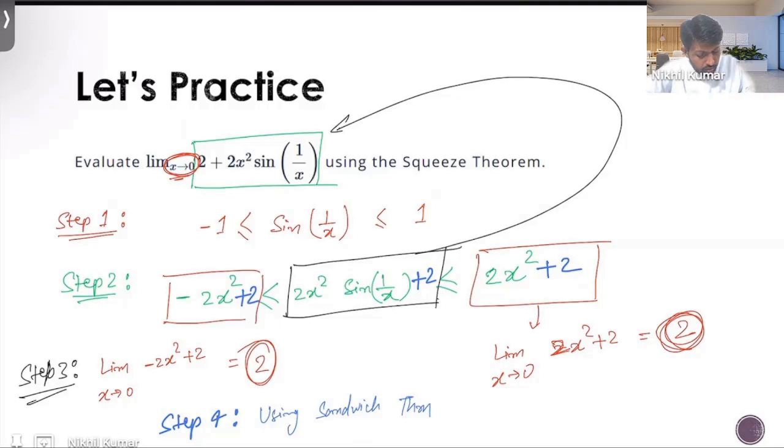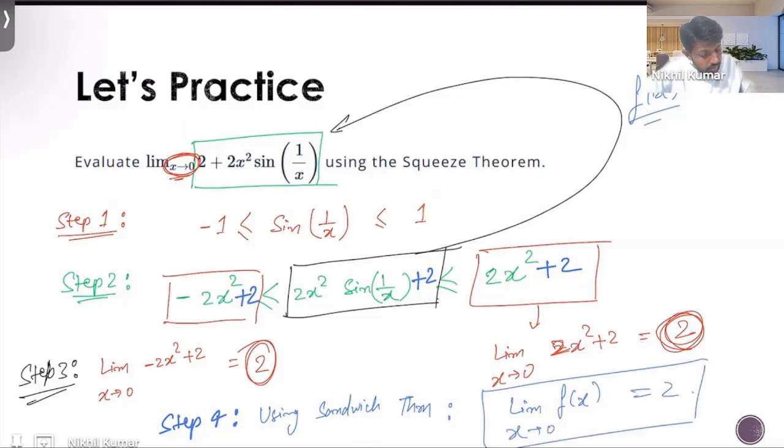Using this theorem, you can claim that limit f of x, I'm calling this function as f of x, okay? Limit f of x as x tends to 0 is also 2. This is your answer, and we are done. Okay, so this was our fourth technique of finding limits using the squeeze theorem, the sandwich theorem.